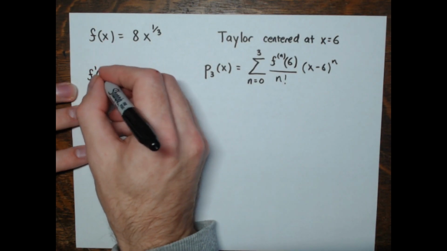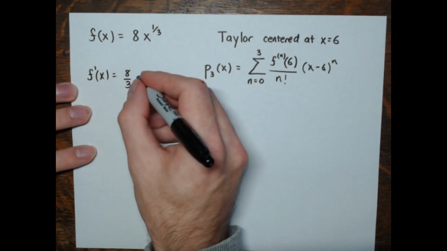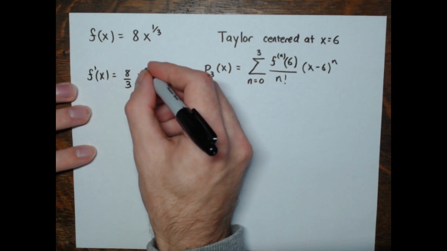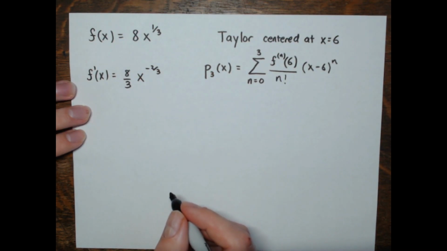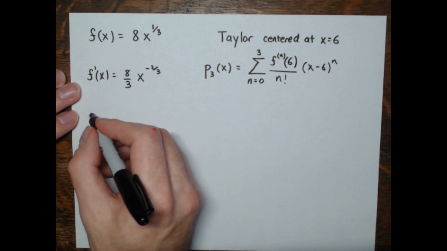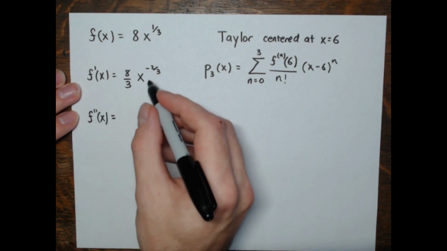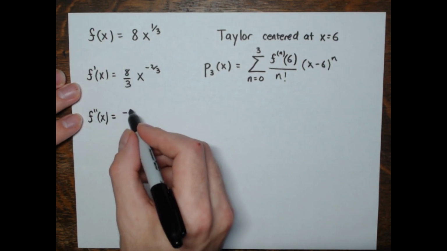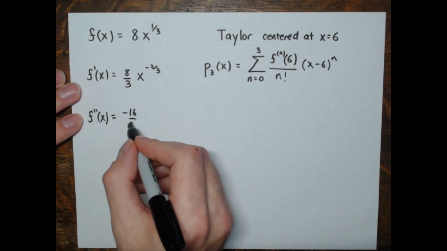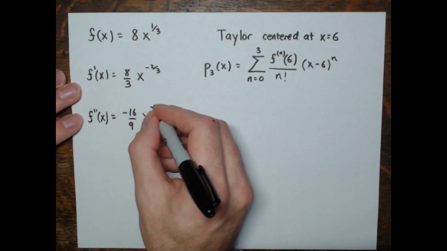So first derivative of this function would be 8/3 times x to the negative 2/3, using the power rule for derivatives. Then the second derivative would be negative 16/9 times x to the negative 5/3.